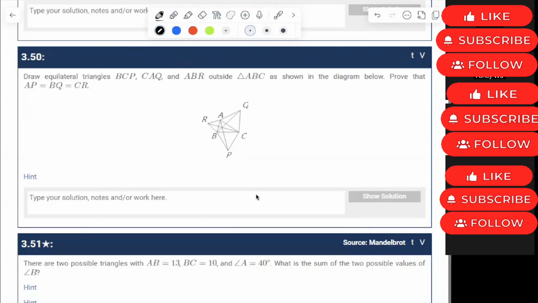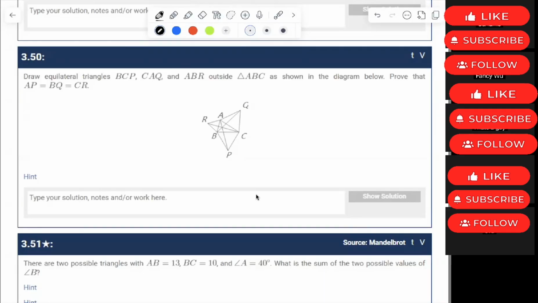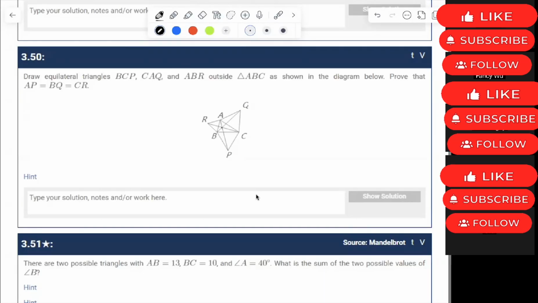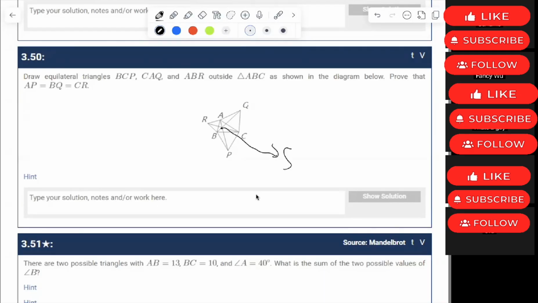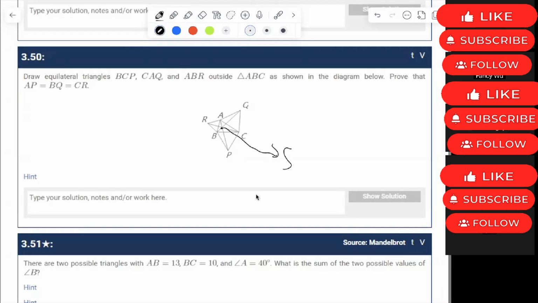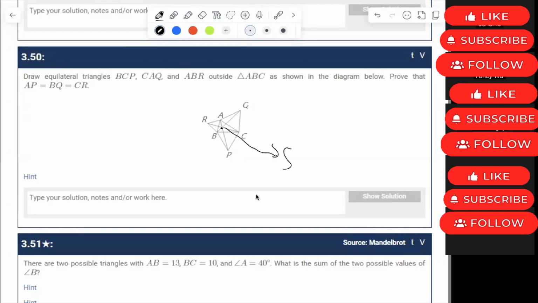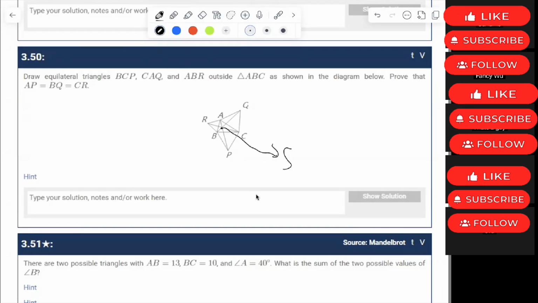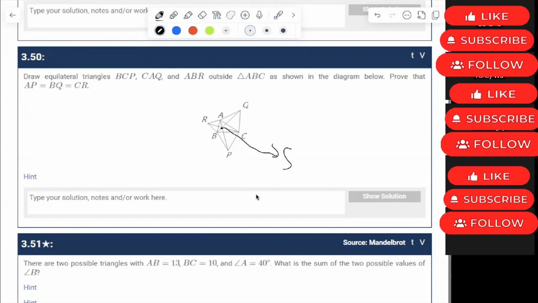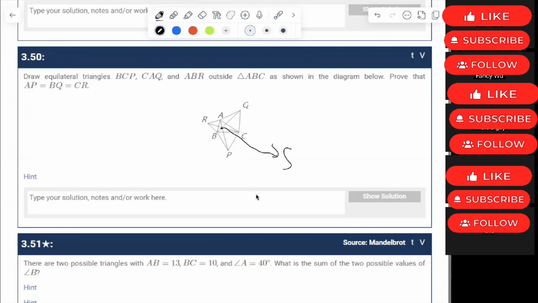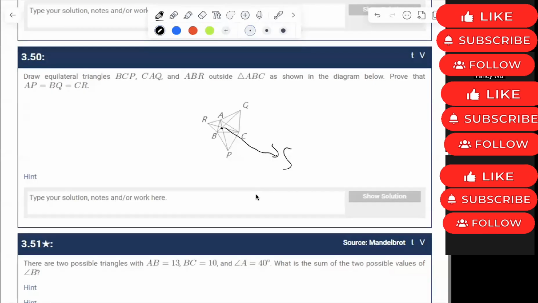We notice that RB. Let's put this as... What do we put this as? I'm just going to put this as S. Well, we notice that RB is equal to AB since it's an equilateral triangle, and so RBC is equal to RBA plus ABC. Clearly, this is just splitting it apart.